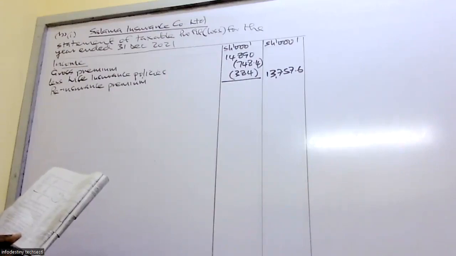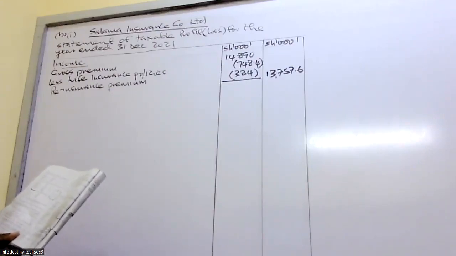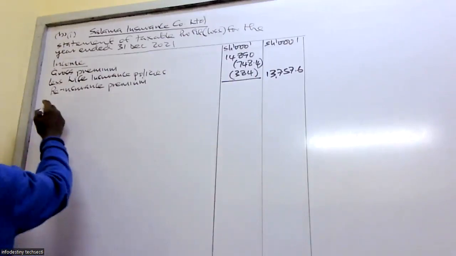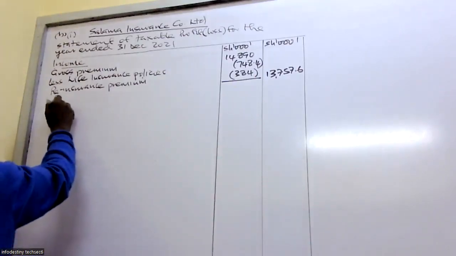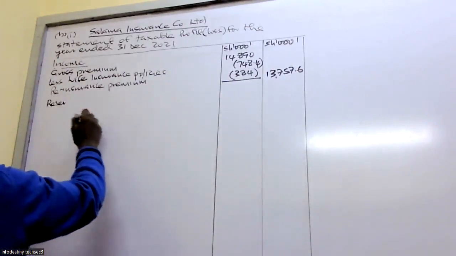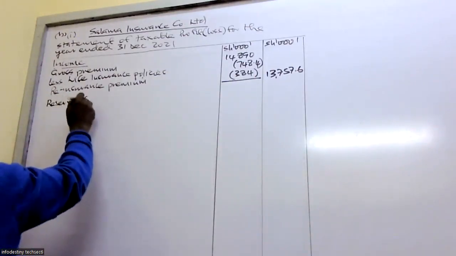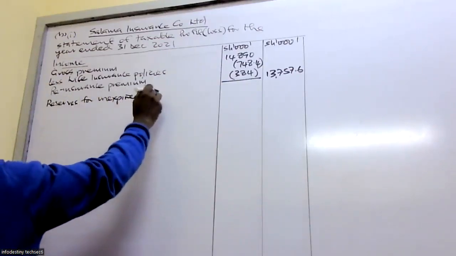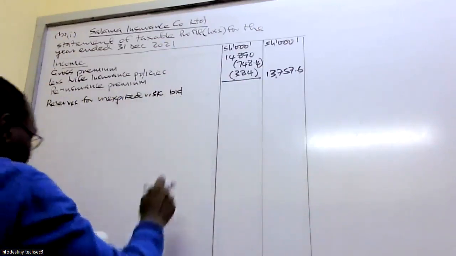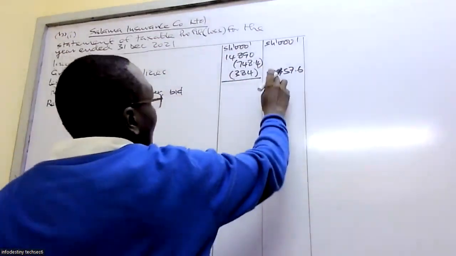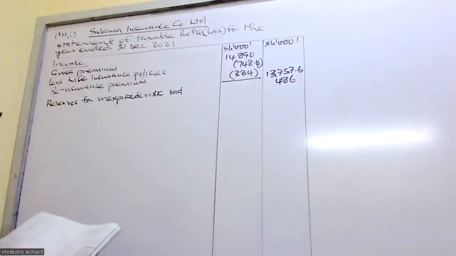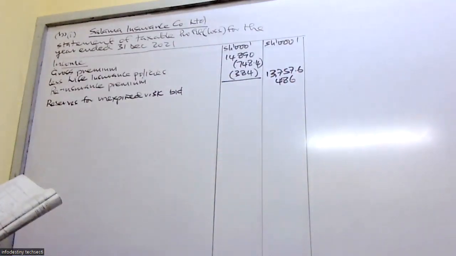Now, this question did not have a reserve at the end of the year, so we transfer this one to income: reserve for unexpired risk at the beginning of the year, 86.